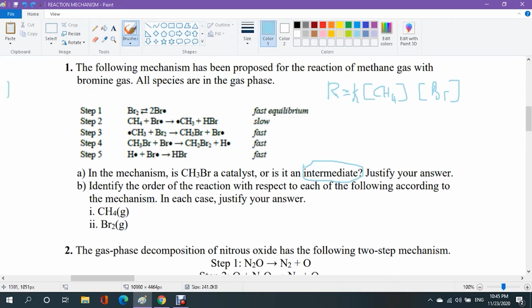So since we know that K equilibrium is equal to the concentration of Br to the power of 2 over Br2, we know that this is true. So we can try to get Br from this.